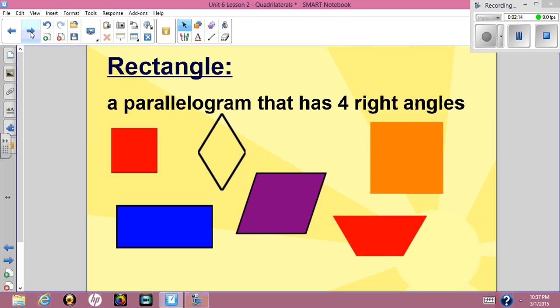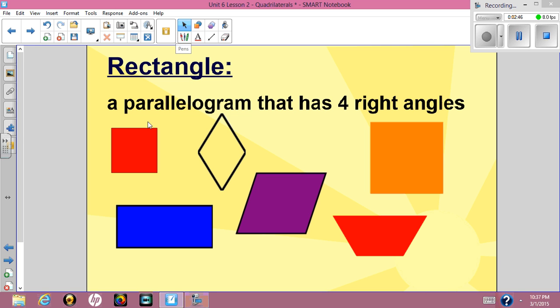A rectangle is a parallelogram that has 4 right angles. So a parallelogram has 2 pairs of parallel lines. So here is our rectangle, 2 pairs of parallel lines, but it also has 4 right angles. If you recall, right angles are exactly perpendicular lines.